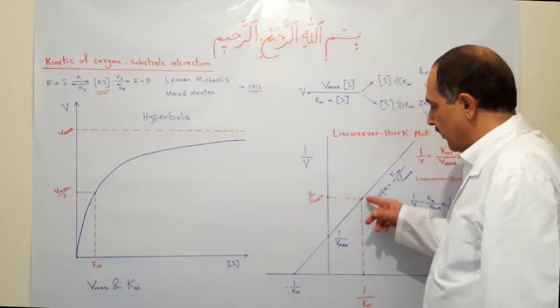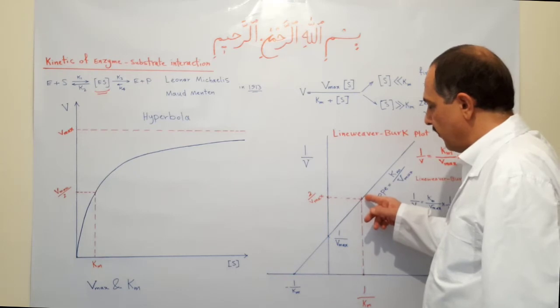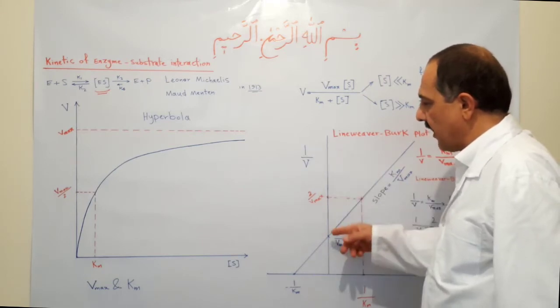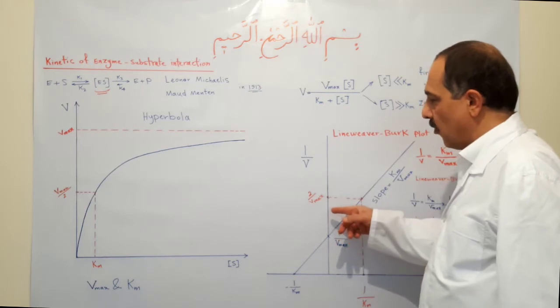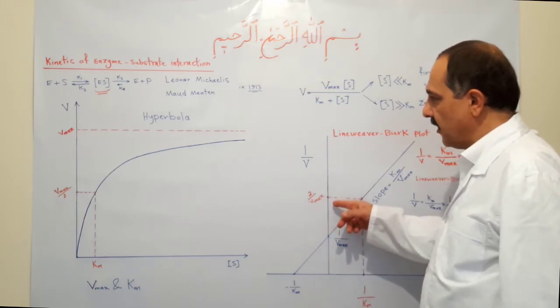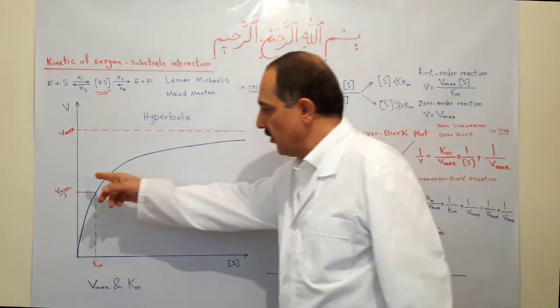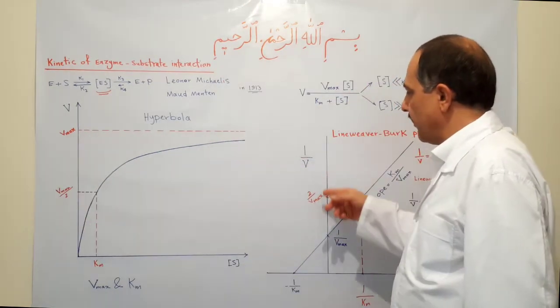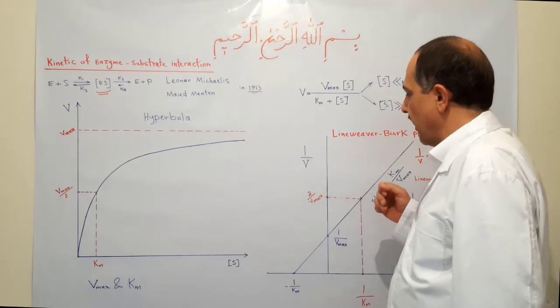Then find the respective point on Lineweaver Burk line, and then find respective point on y or vertical axis. What is the corresponding value of Vmax divided by 2 on y or vertical axis of Lineweaver Burk plot?